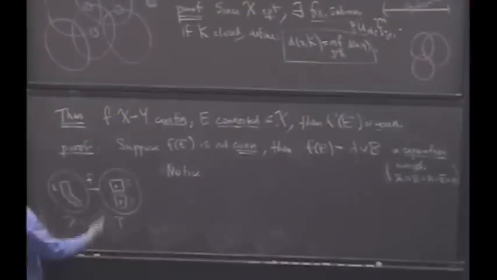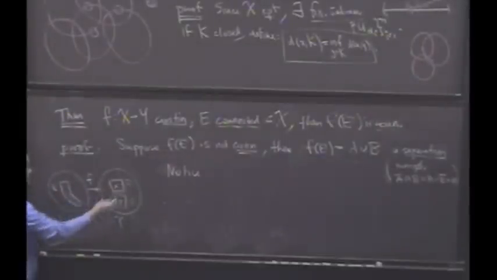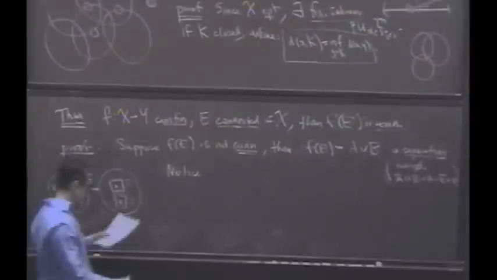What's the next thing you might do? Since I don't know anything about A and B, they're not necessarily open or closed. If they were open, I could take their inverse images and these would be open. If they're closed, I could take the inverse image. So let's take the inverse image of A closure. What do I know about that? It's closed. Good.